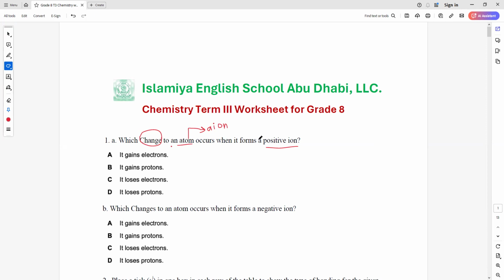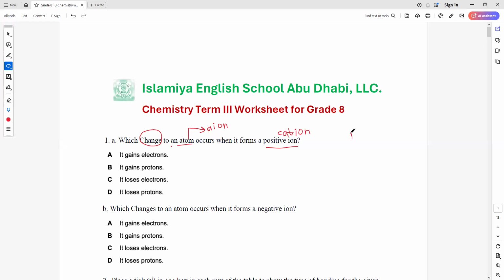So positive ions are called cations and negative ions are called anions, right? So let me take this as cation, right? And we haven't talked about anions in this question, so let me skip that part. So positive ions mean that is cation, right? For example, metals can produce cations.